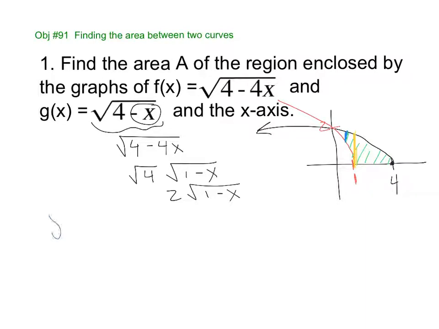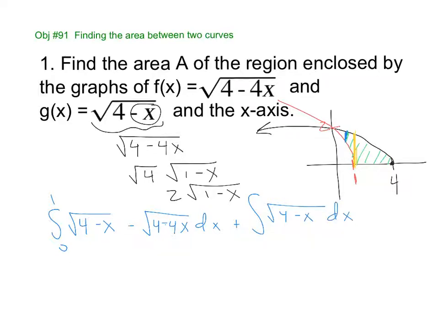So we would have to do the integral from 0 to 1 of 4 minus x minus the square root of 4 minus 4x dx, and then add to that just the black graph, the 4 minus square root of 4 minus x. So we have to break this into 2 pieces, which is super annoying.